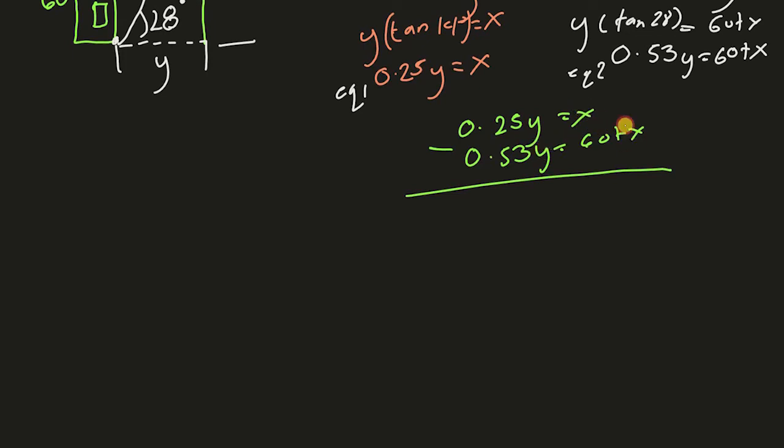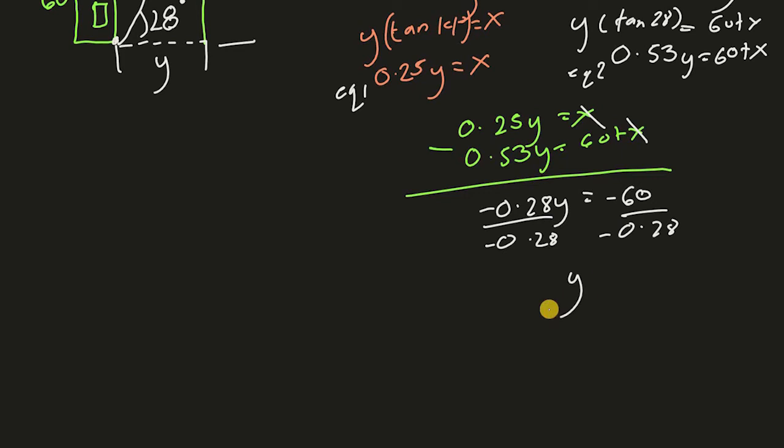So, x minus x will be cancelled. 0 minus 60 is equals to negative 60. 0.25 minus 0.53 is negative 0.28y. So, to solve for the value of y, let's divide it by negative 0.28. The value of our y, guys, is 214.28.